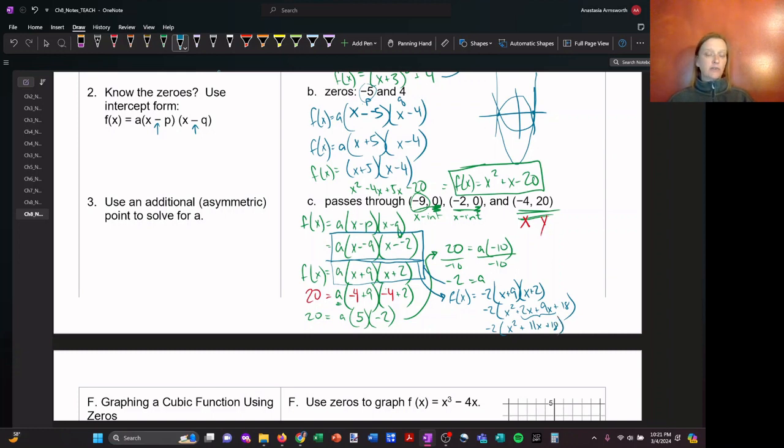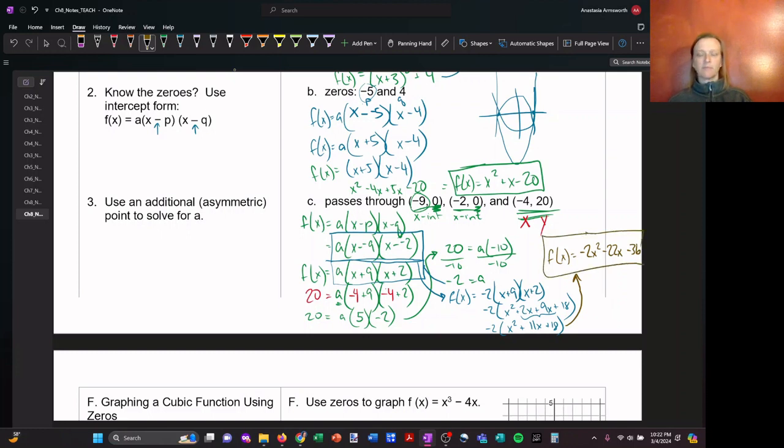And the last thing I need to do is distribute that -2 onto each term in the polynomial. And our final answer, let me write it up here in a different color so it stands out a bit more, is f of x equals -2x squared minus 22x minus 36.